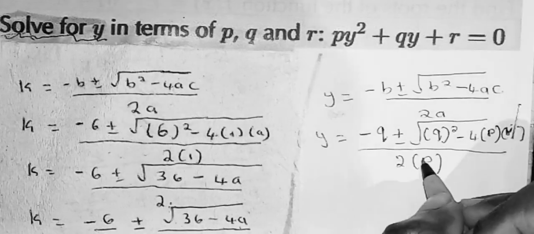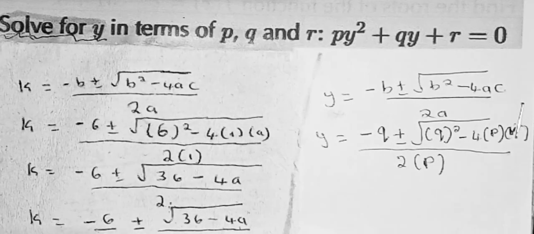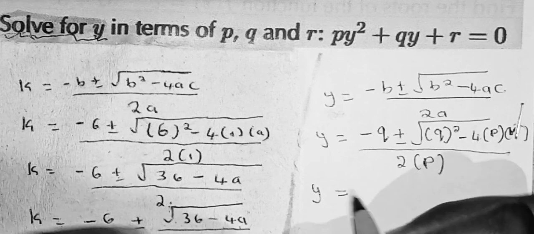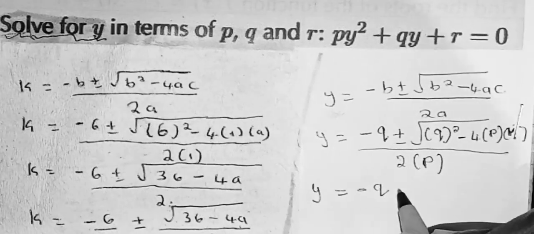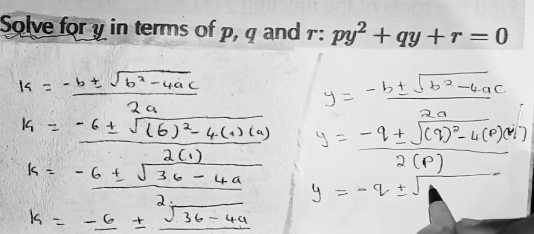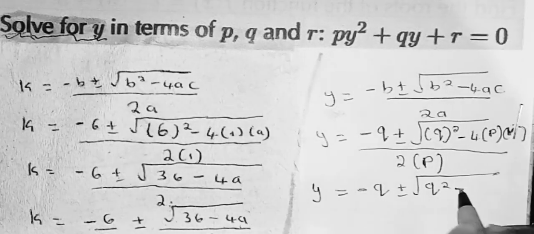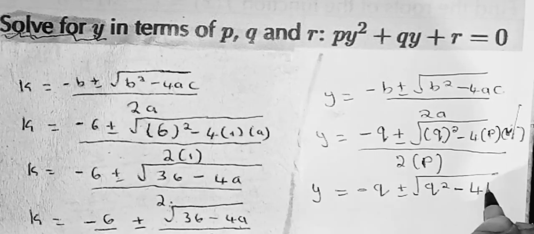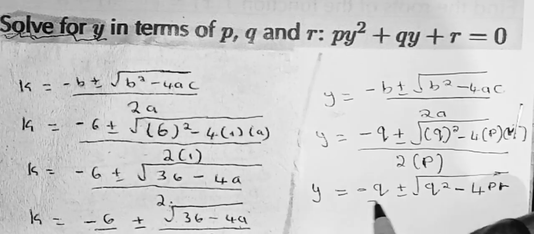I've substituted everything into the quadratic formula, so I'm going to calculate everything. Negative q plus or minus the square root of q squared minus 4pr, all over 2p.